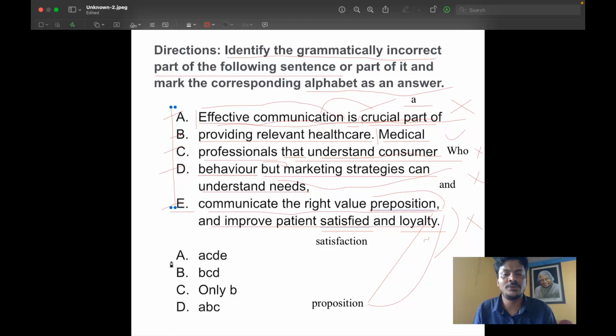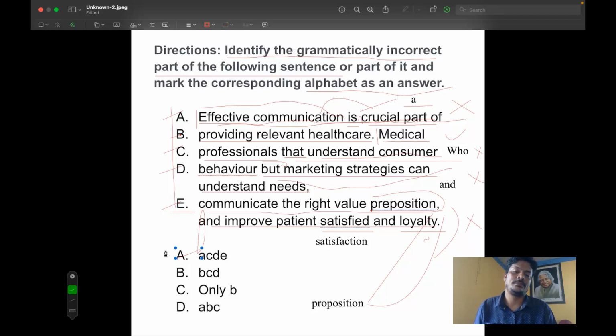So which option will be taken here? Option A can be the appropriate answer to this, isn't it? So I hope you understood this.